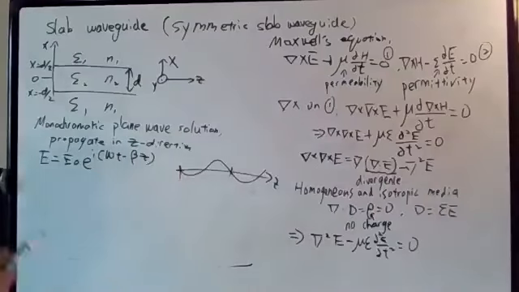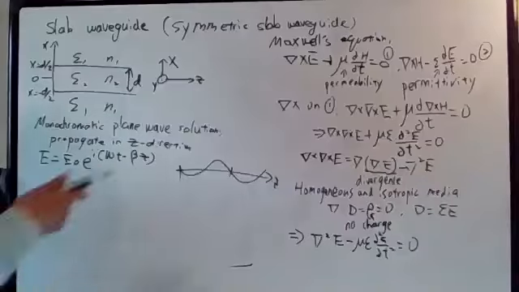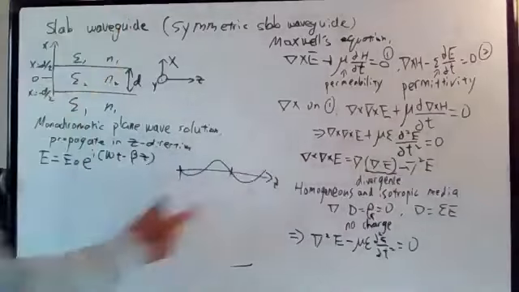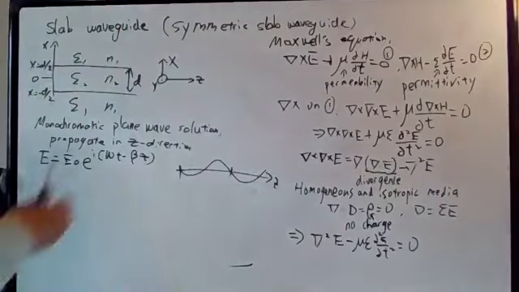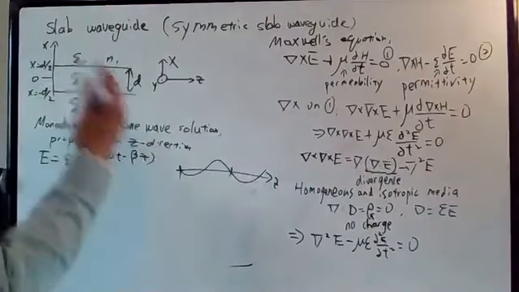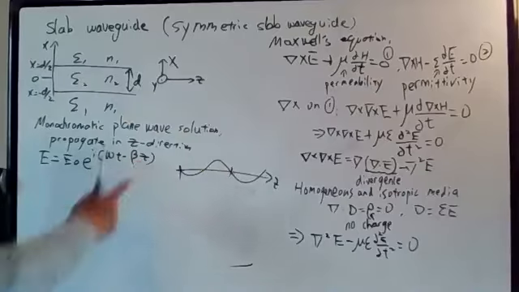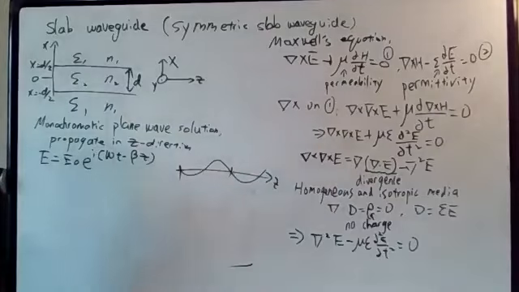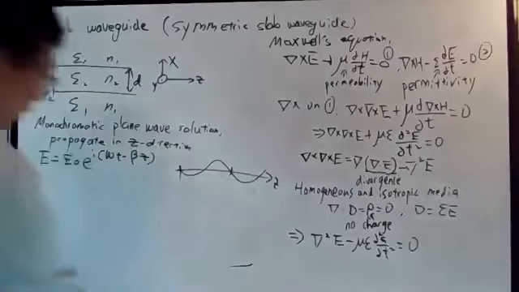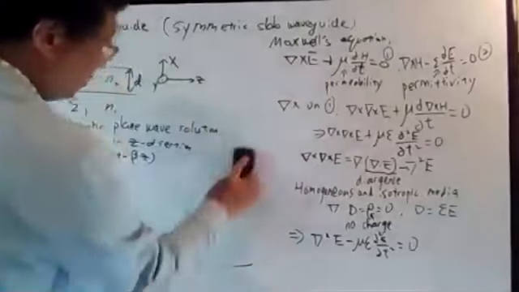Beta represents the rate of change of phase per unit length. For example, if I propagate 1 meter, how much will the phase change? That's what beta represents.